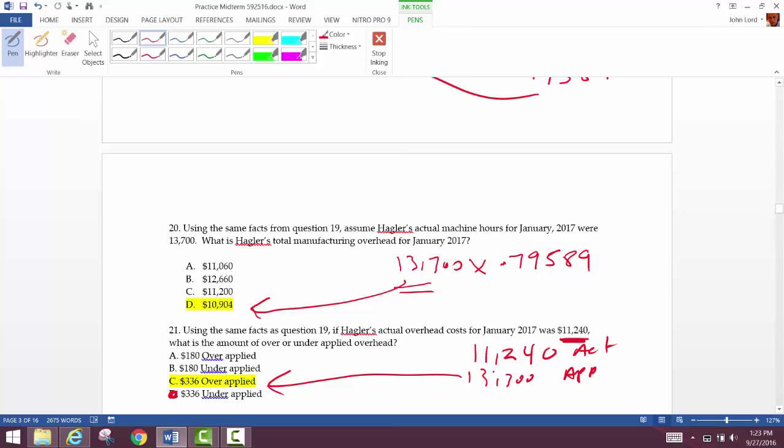Oh, wait a minute. The actual overhead is 11,240, right? Oh, I see. Where did I get 13,700? Oh, from the number of hours. I see. It's actually what? The applied is 10,904. Okay, 10,904.